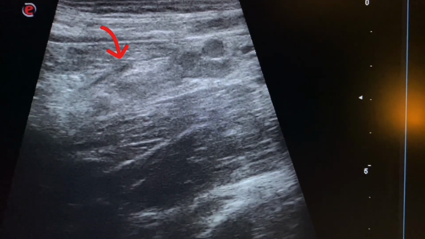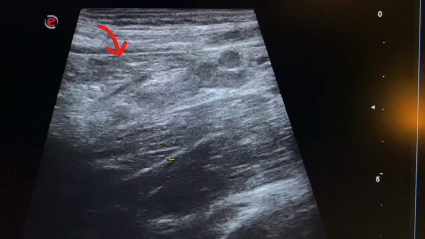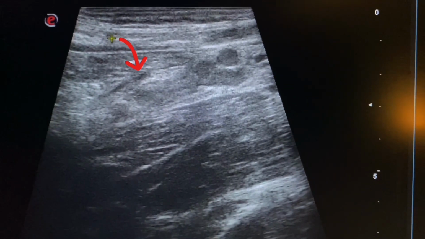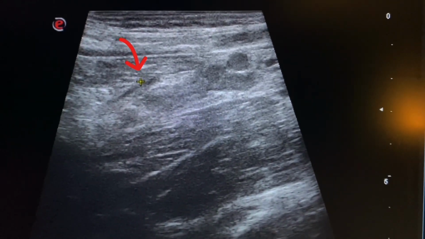Here we also see the enlarged lymph node. Now we will measure the size of appendix.